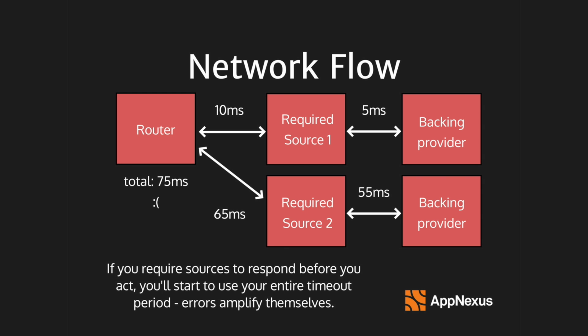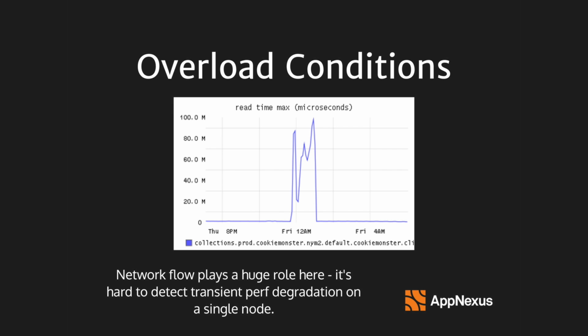So you essentially have to multiply the probabilities of failure together on this. And if we require all of the sources to respond before we can act, errors amplify. And this is something that was wrong with this.